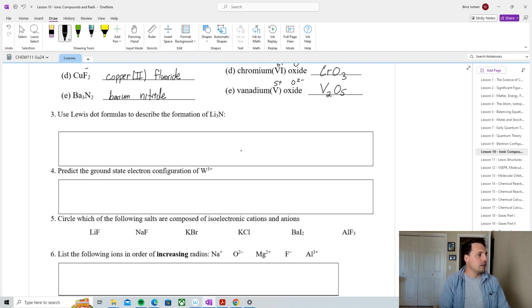Using electron dot formulas to describe the formation of lithium nitride requires 3 lithiums and 1 nitrogen. So we'll start by writing out 3 lithiums. And I'm going to write it this way so that we can see how the nitrogen is going to pick up these 3 electrons.